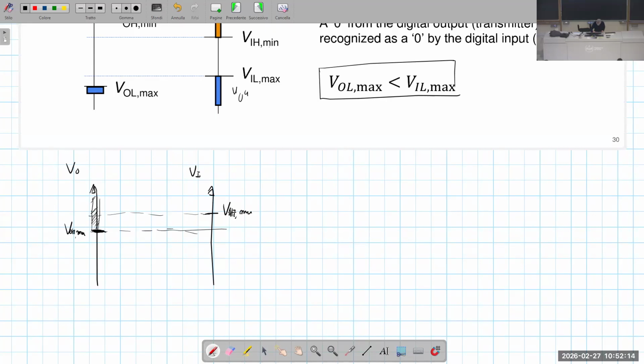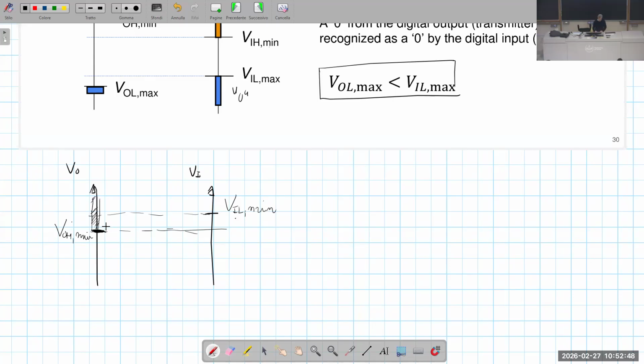Sorry, let me try to write a little more clearly. So this is VOH minimum, and this is VIL maximum.